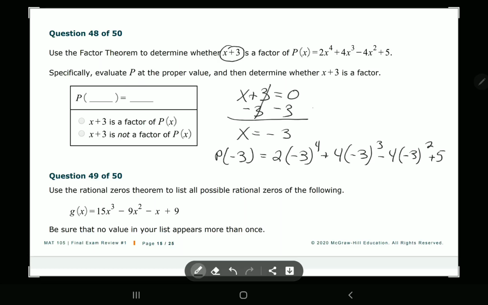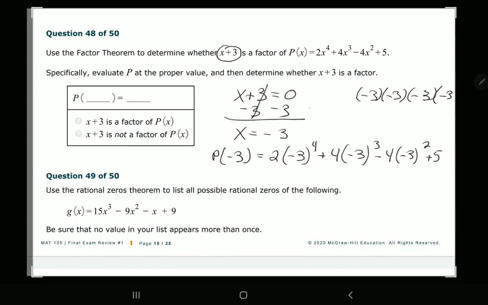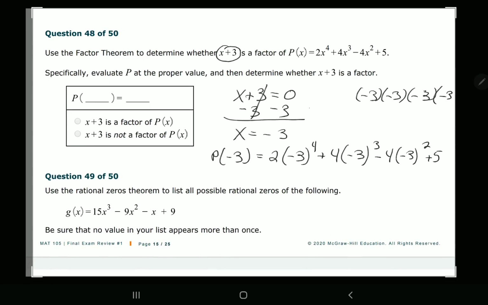So negative 3 to the 4th power. You're multiplying the quantity of negative 3 by itself 4 times. Negative 3 times negative 3 times negative 3 times negative 3. Negative 3 times negative 3 is positive 9. Once again, that's positive 9. 9 times 9 is 81. So we have 2 times 81.